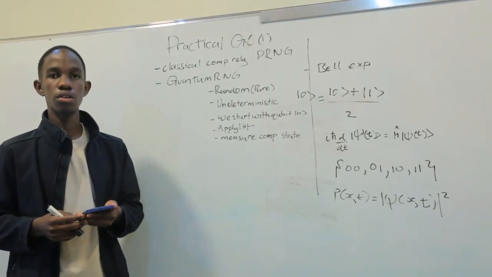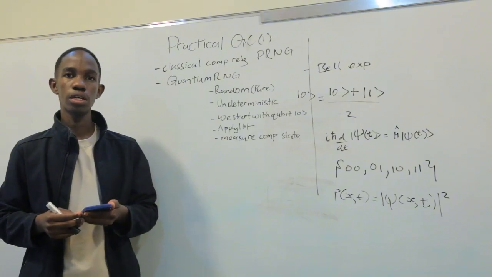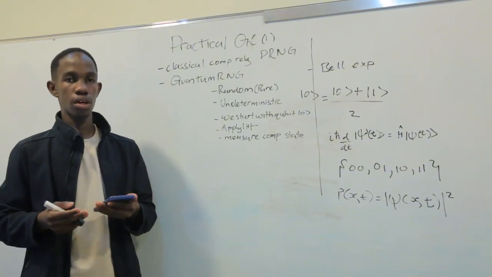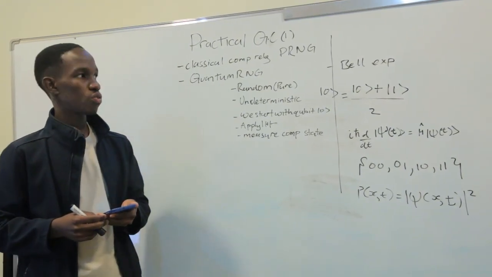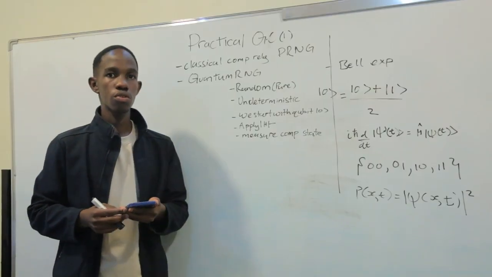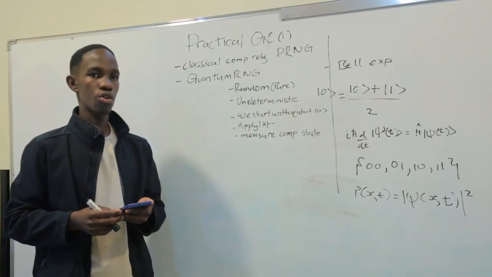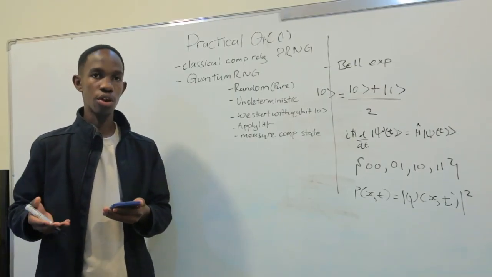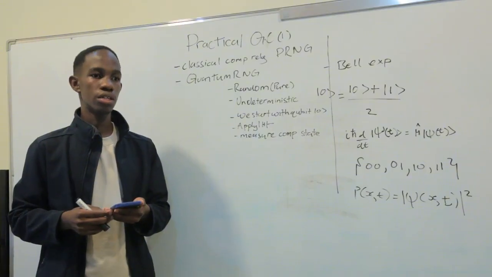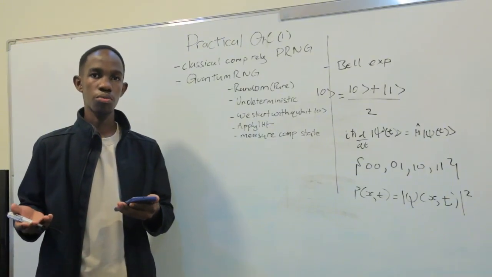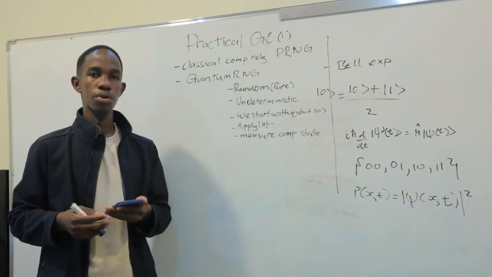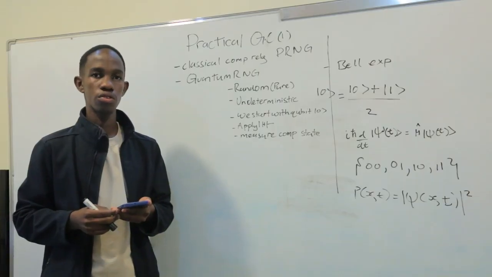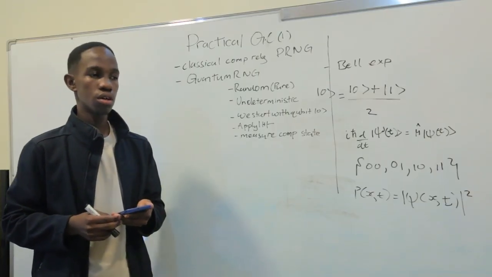This can be used in cryptography, modeling, and simulation. So, this randomness looks random in classical computing, but since it has mathematical equations, and if a seed is known, then it can be determined.